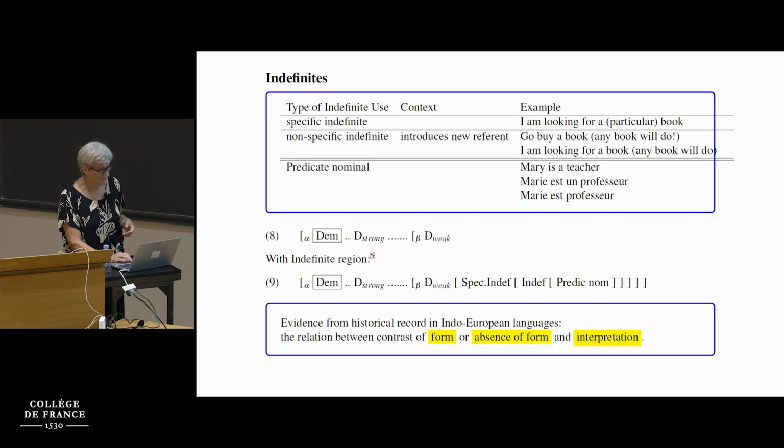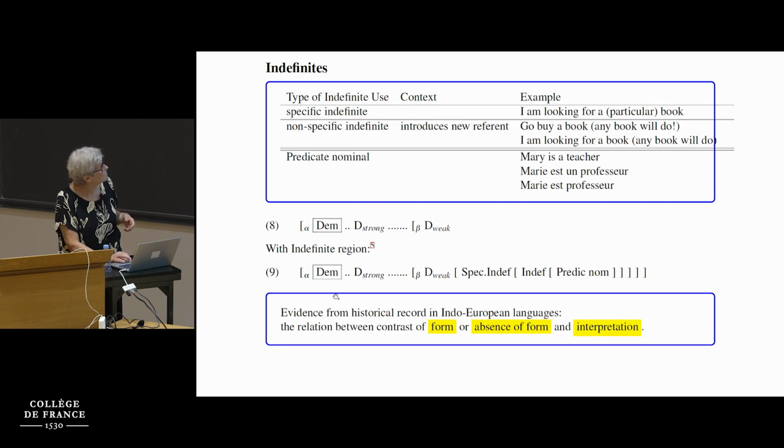So basically we have a hypothesis about what the indefinite and definite field might look like. Demonstratives are in the strong region, and then we have a weak region that contains the weak definites, but also the specific indefinites, the non-specific indefinites, and maybe the predicate nominals.